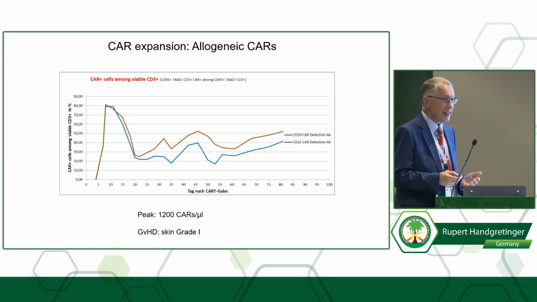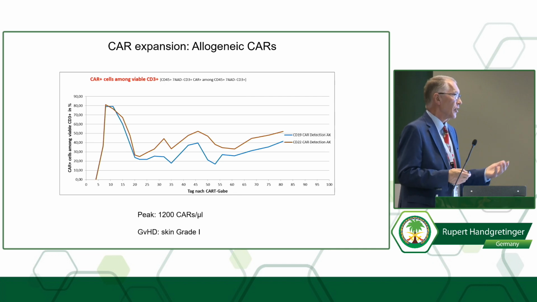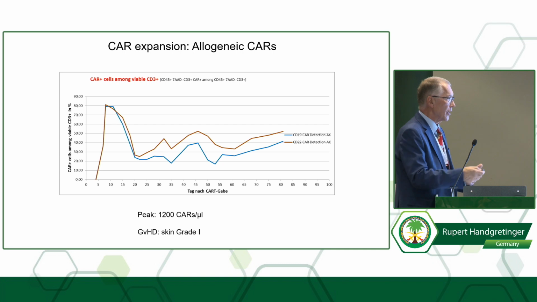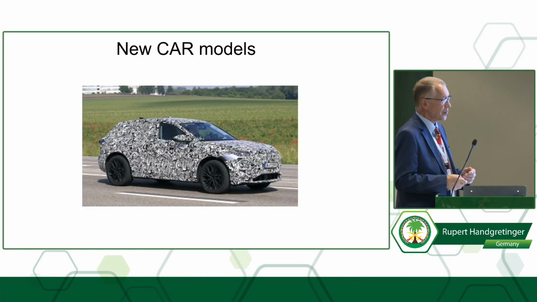She has 0 B cells, even now after 3 years, no B cells at all, 0. So she needs IVIG. So we made her a B cell immunodeficiency now, but that was the price for keeping her alive and fighting the disease.